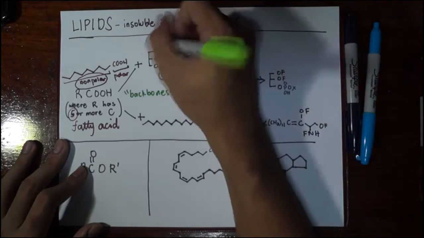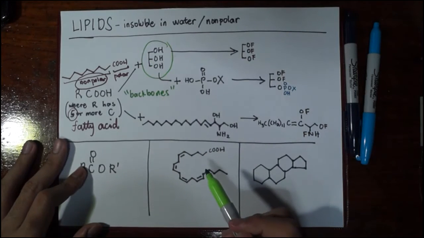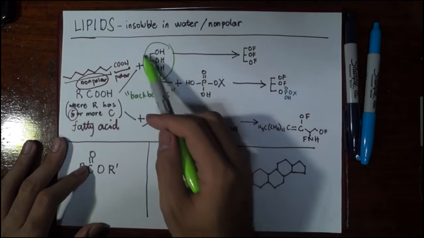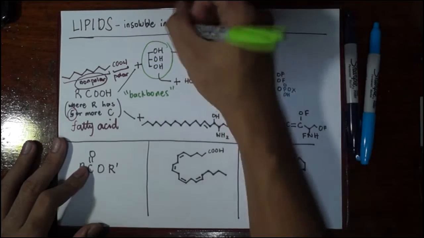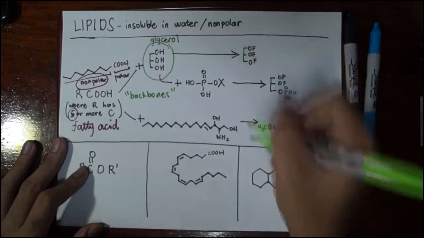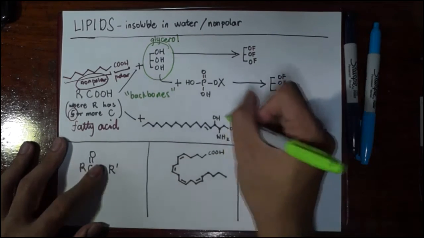The first backbone is this one. So the name of this, if you can recall this, or if you've encountered this, is a 3-carbon alcohol with 3 hydroxyl groups. The name of this one is glycerol, or trivial name glycerin. Alright, and the other backbone is this one.